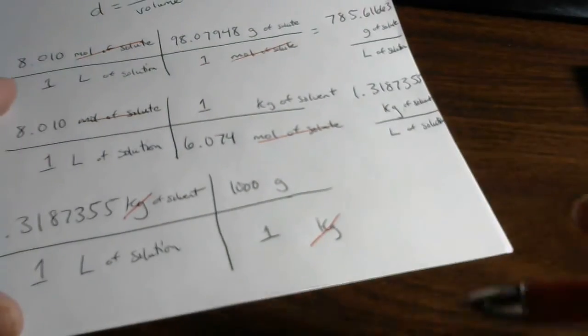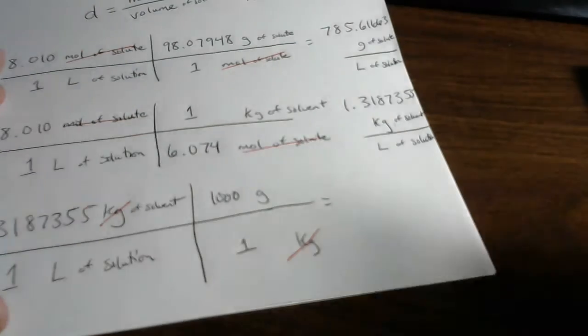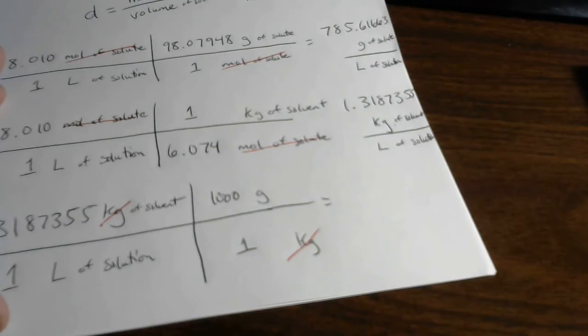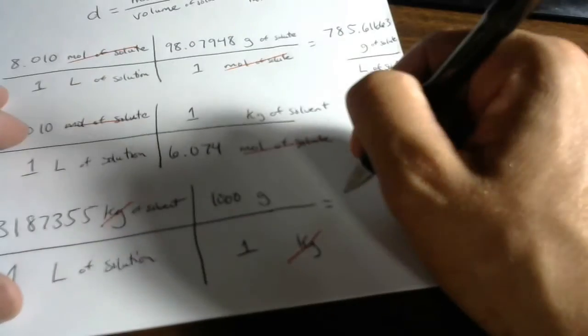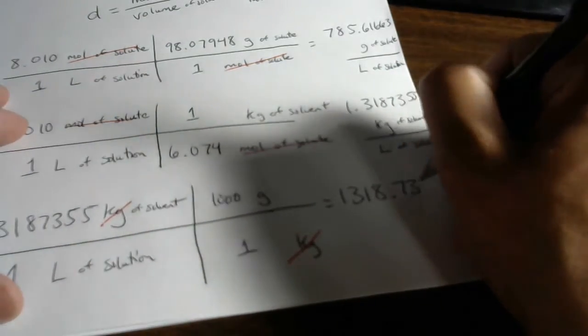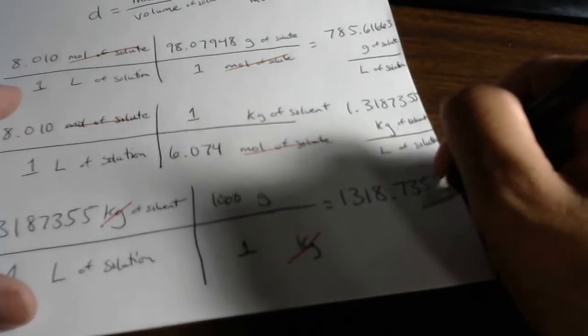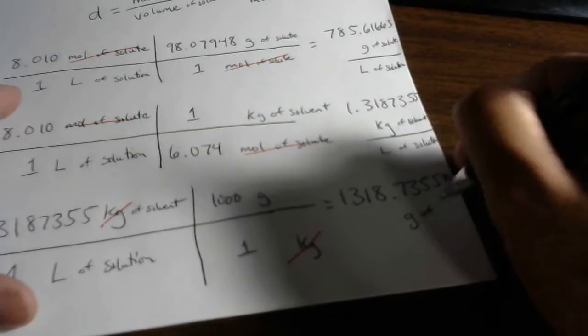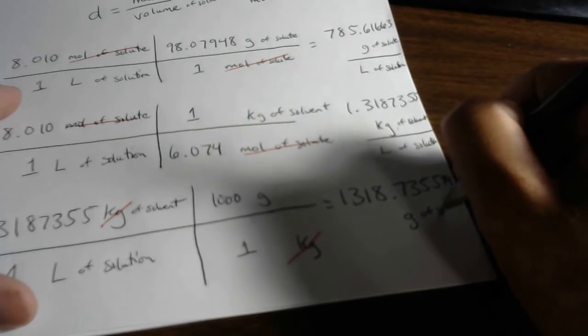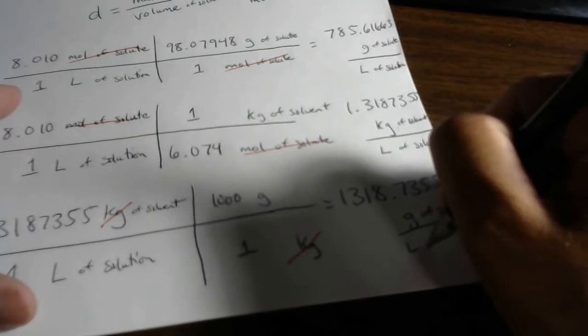Kilograms are going to cancel. So if you do the math on that, I'm going to type it in the calculator so I don't make an error as I'm talking to you. That's 1318.735594. And again, this is going to be grams of our solvent over our liters of solution.